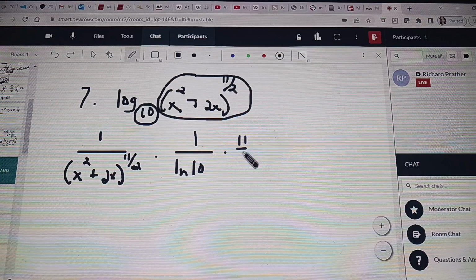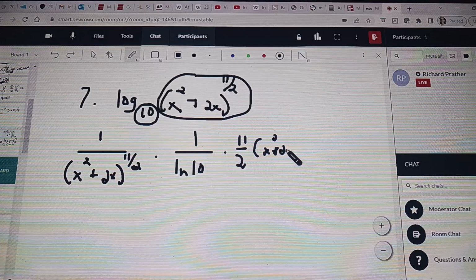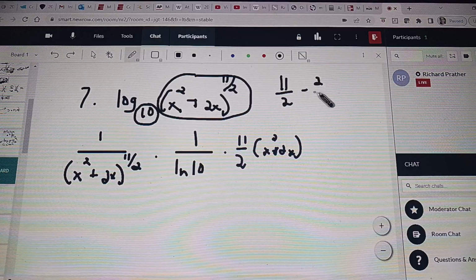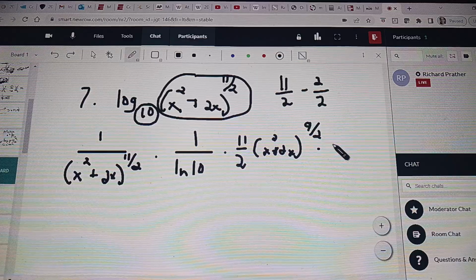So it's kind of like the power rule where you do 11 times the base, decrease the exponent by 1. 11 halves minus 1 is 11 halves minus 2 halves. That's 9 halves. But then the derivative of the inside, here's the chain rule again. Then 2x plus 2 is that derivative.